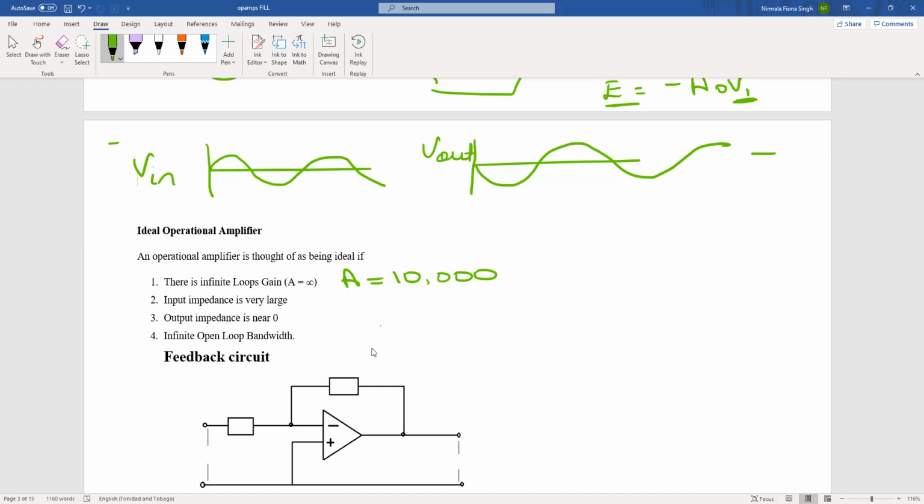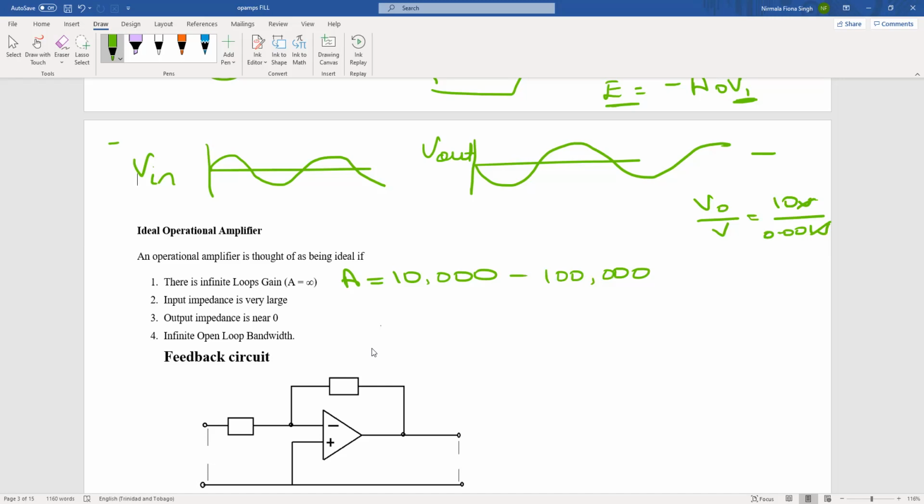Your gain simply tells us the ratio of output to input. So on average, your amplifier should have a gain anywhere from 10,000 to 100,000. There are no units for gain, because if you have V out over V in, the units will cancel each other.